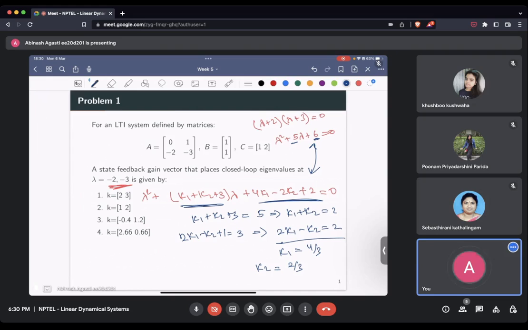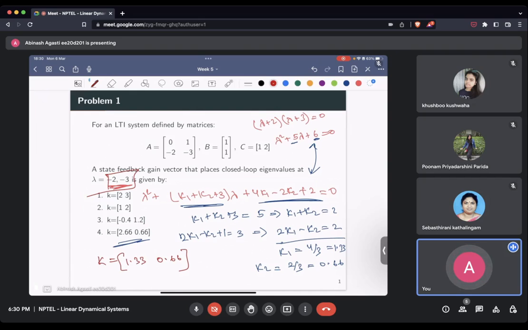So this is 1.33 and this is 0.66. Okay, so we don't have an option here. So basically the answer is K is 1.33 and 0.66. This K will take me to these desired eigenvalues.